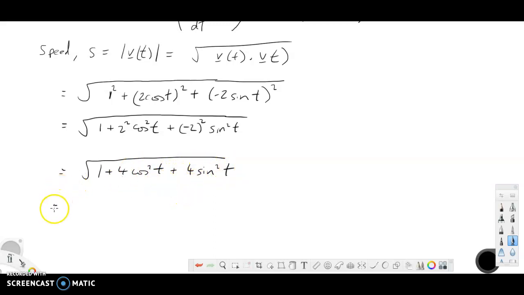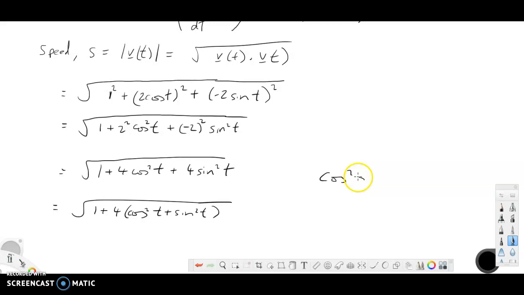Now we can factor out the 4, so we get 1 plus 4 times cos squared t plus sine squared t. You can see now if I multiply back into 4, I'd end up back up there. So that's a valid move there. And cos squared x plus sine squared x, no matter whether it's an x, a y, a t, or a z, that always equals 1.